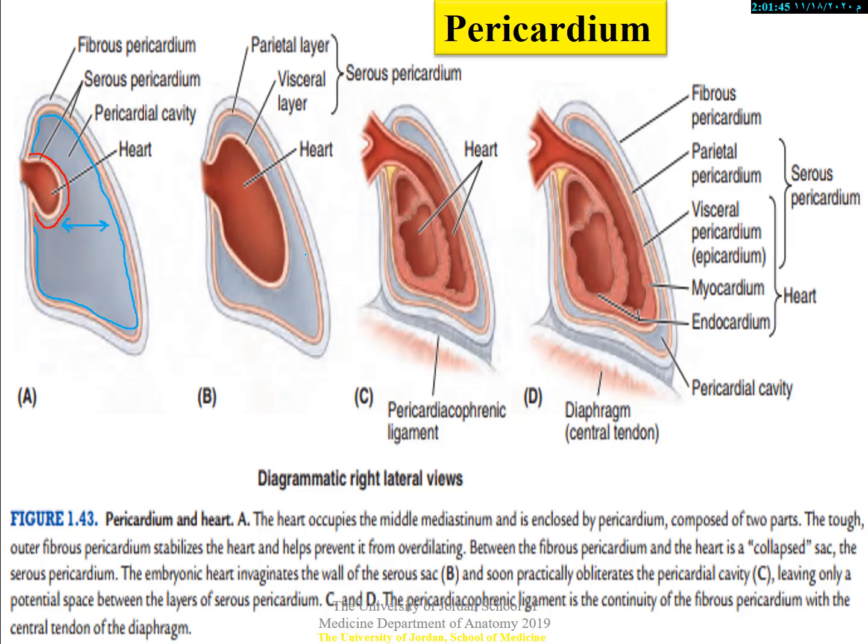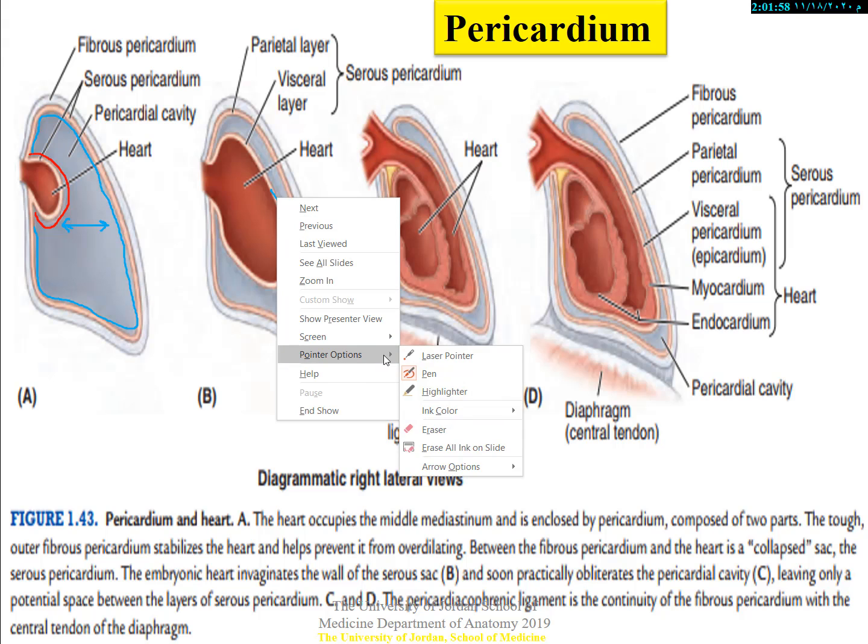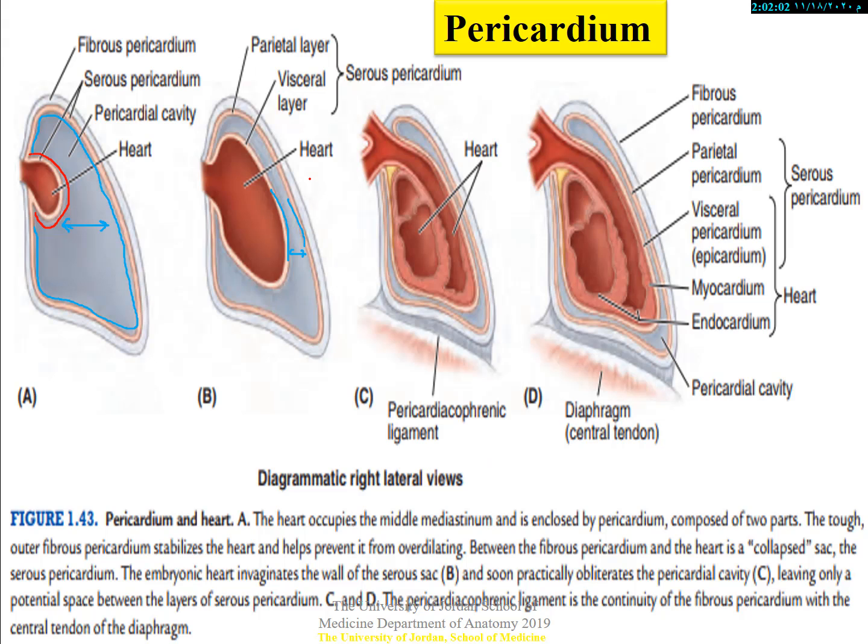So as you can see, the space is decreasing until the two layers, the visceral one here, and the parietal one, I'm just trying to use the same colors so you wouldn't get confused, the visceral and the parietal, reach a potential space.